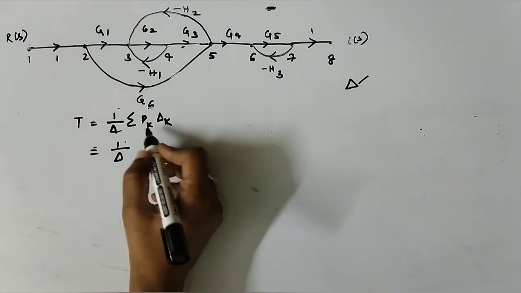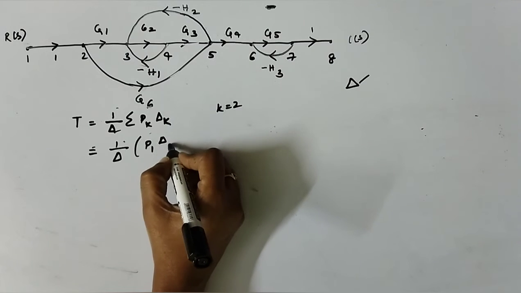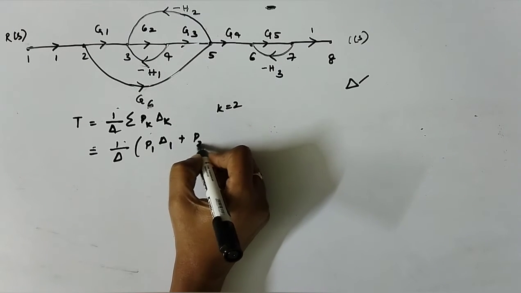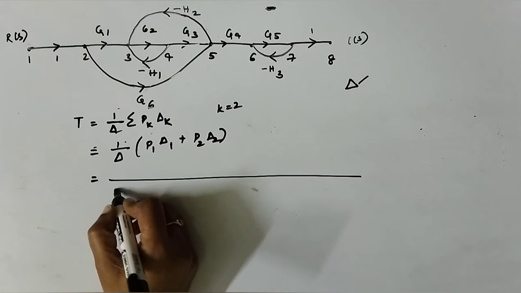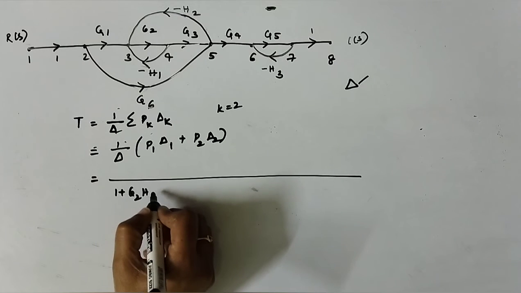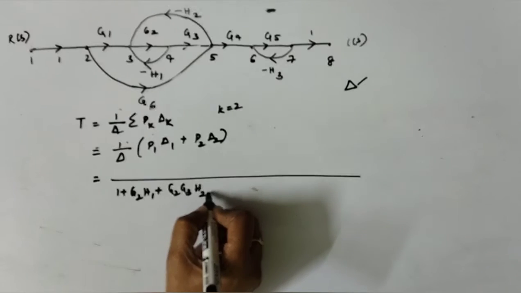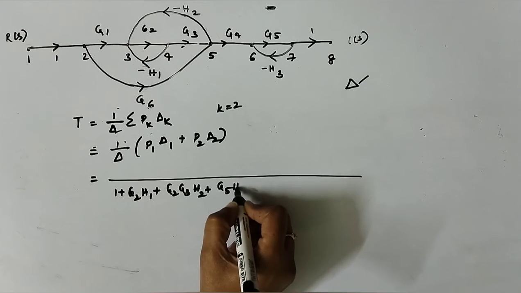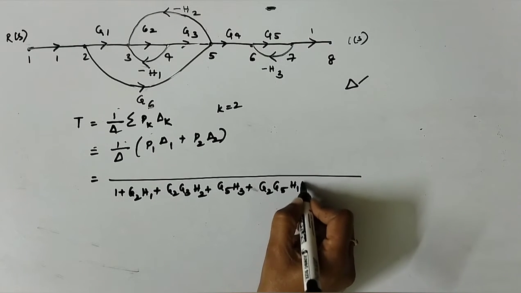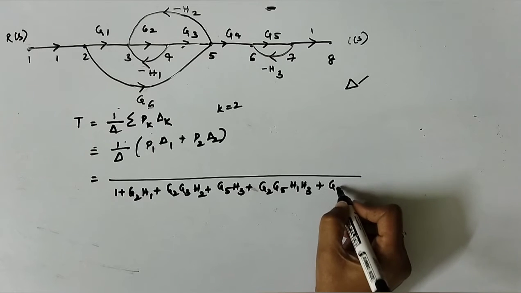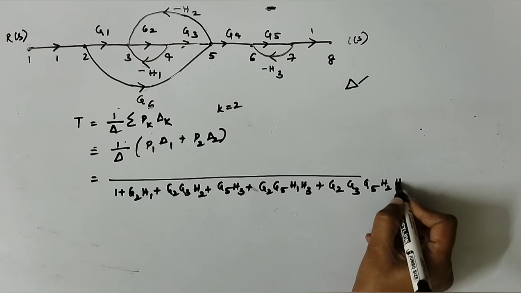1 by delta, k equal to 2 forward paths. So that would be the sum of P1 delta 1 plus P2 delta 2. 1 by delta, anyhow we have found out, 1 plus G2 H1 plus G2 G3 H2 plus G5 H3 plus G2 G5 H1 H3 plus G2 G3 G5 H2 H3.